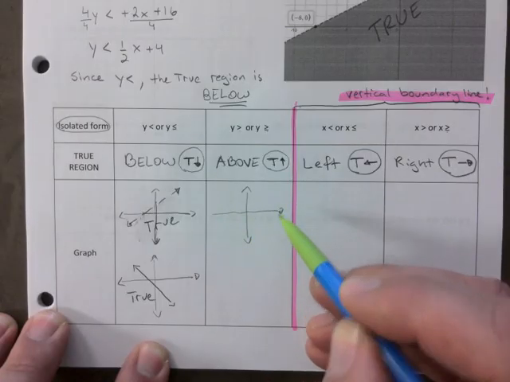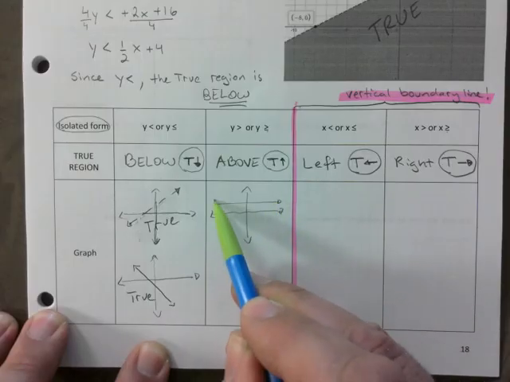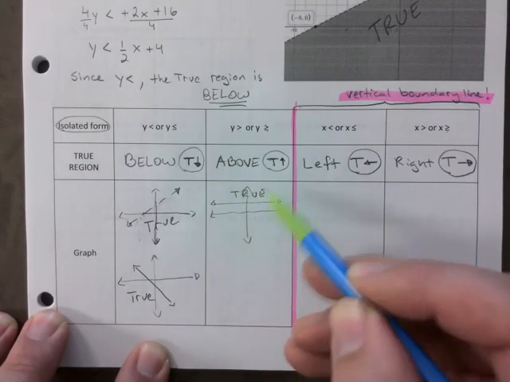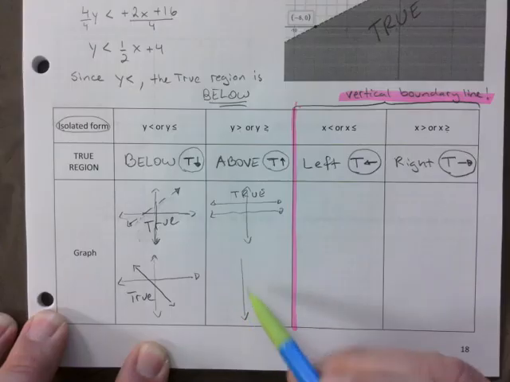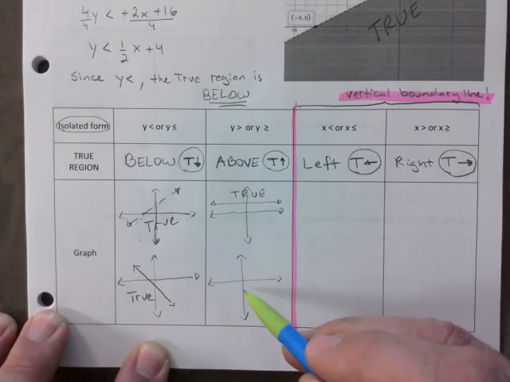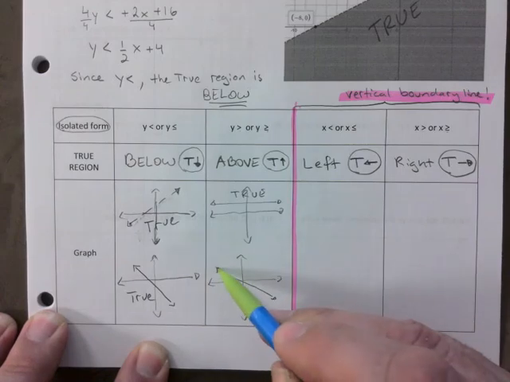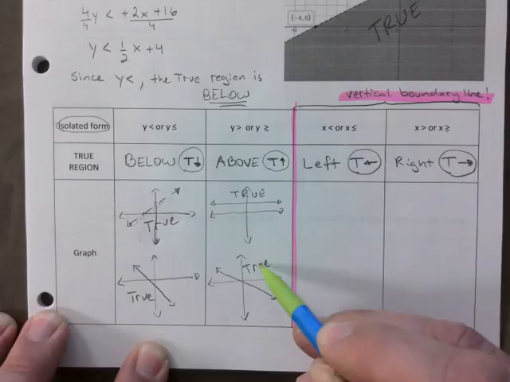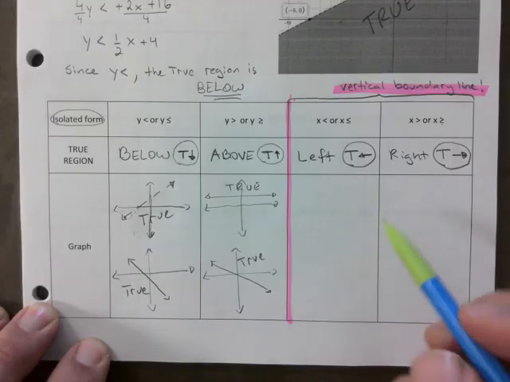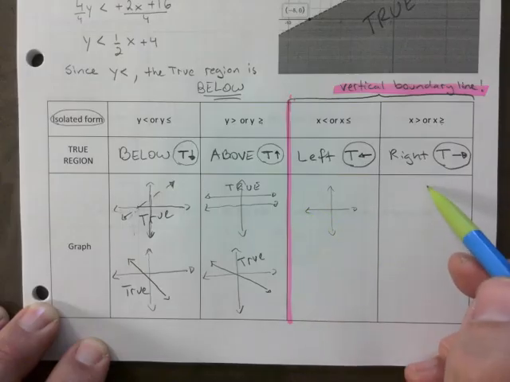If you have a horizontal line, the true region would be here somewhere, above it, right? Let's have one go in a slant like this. The true region would be above the line. That's what matters there. Special cases, I'll just have one for each. That's all you need.